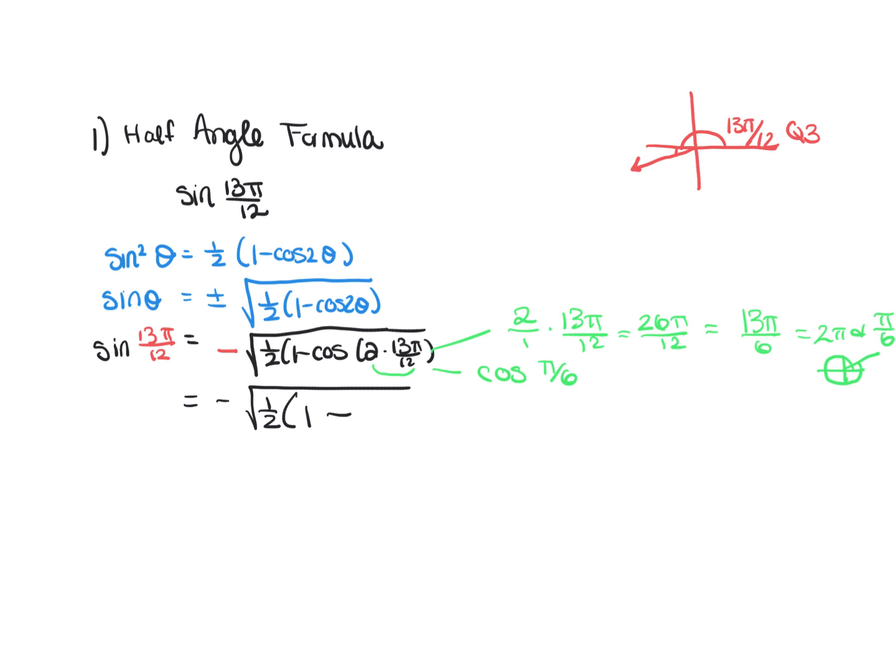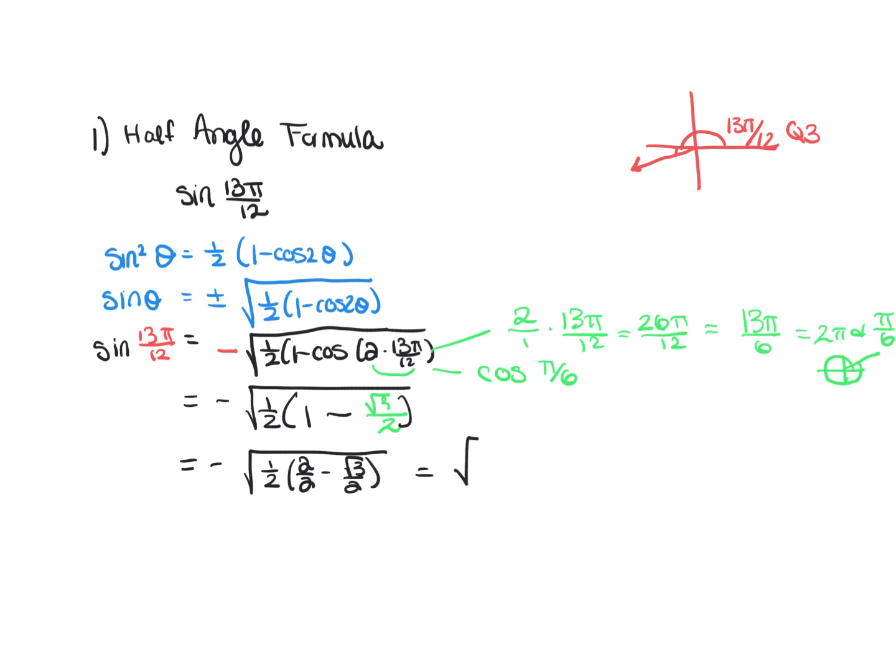And cosine of pi over 6 is root 3 over 2. So now I have equals negative the square root of 1/2, and then I'm going to change the 1 to a 2 over 2, minus root 3 over 2.